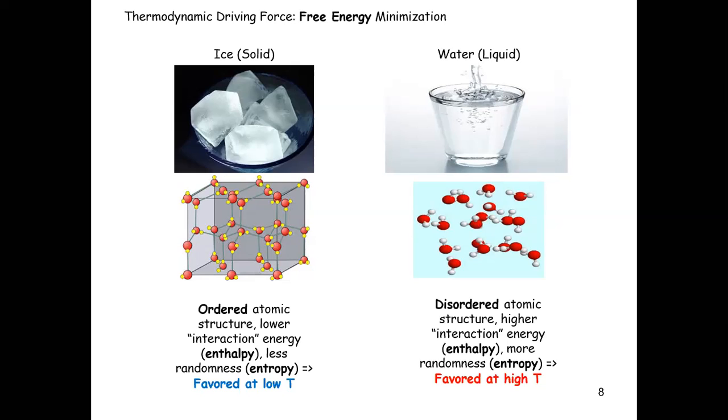Water has this higher entropy, which is favored at higher temperature. So water is the stable phase we see at higher temperature, right? And on the other hand, the solid has a lower interaction energy, which is favored at a lower temperature, right? So that's why we see solid as the stable phase at the lower temperature.